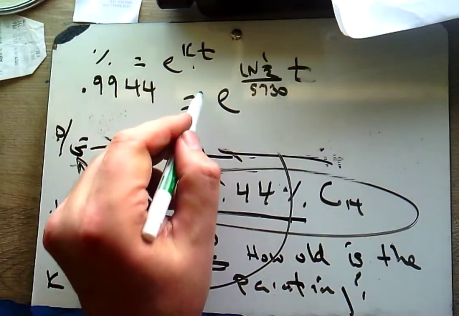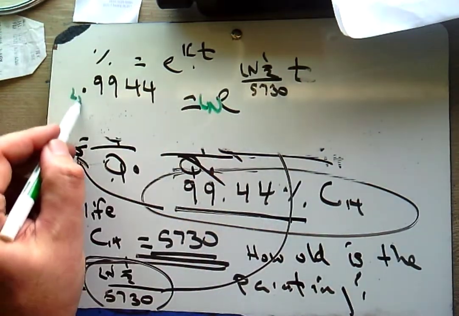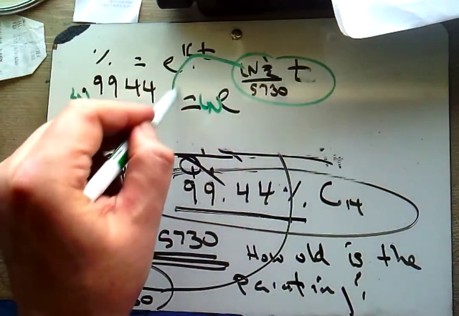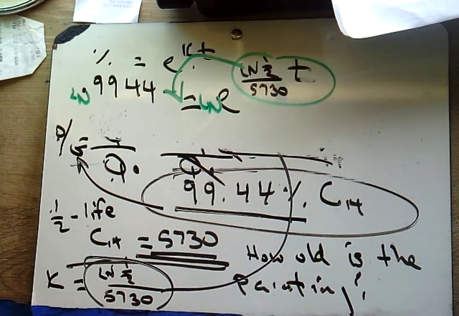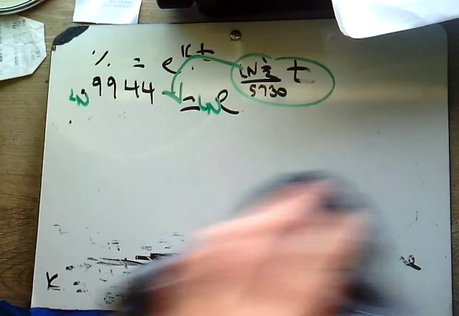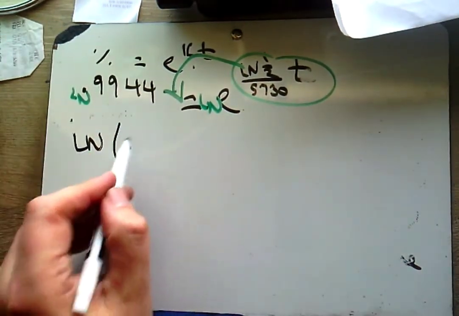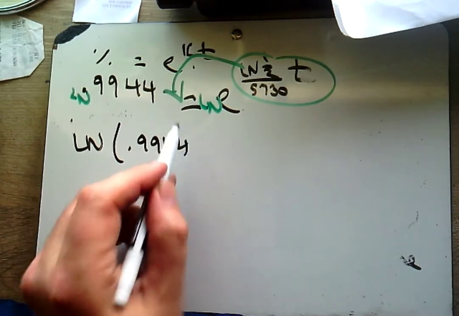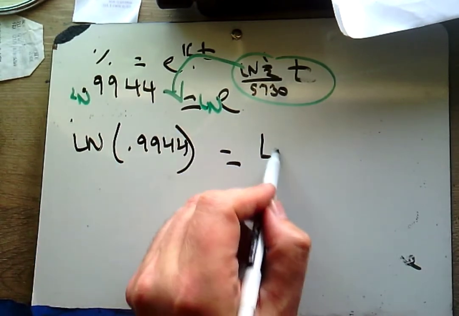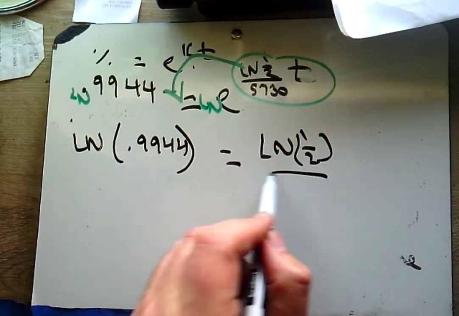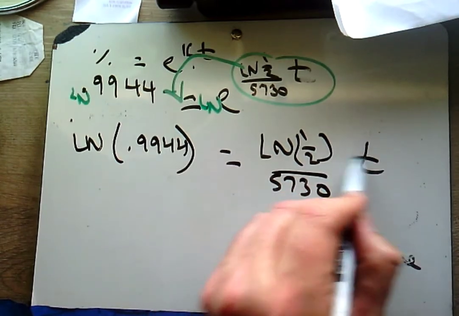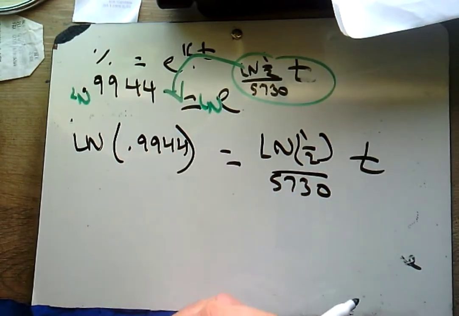I need to bring it down. And the only way I can bring it down is in the presence of a log. So now I get ln 0.9944 equals ln of a half over 5730 T, because the ln of e is 1.